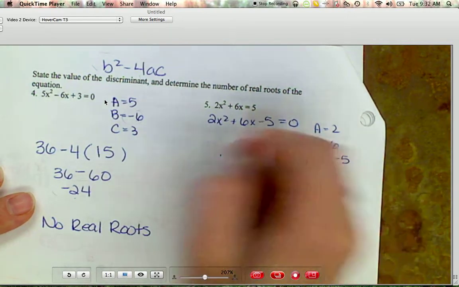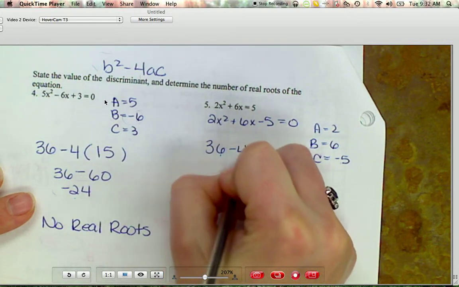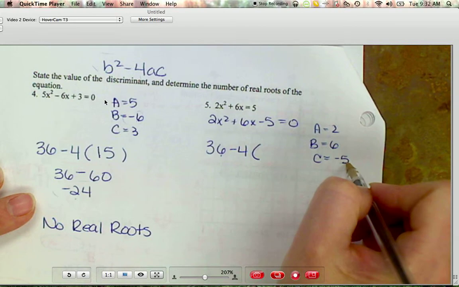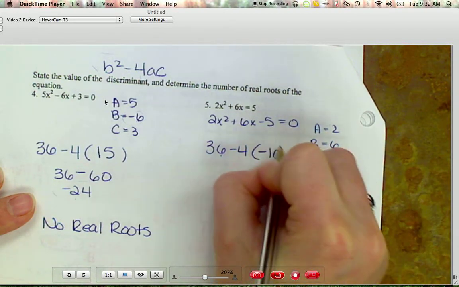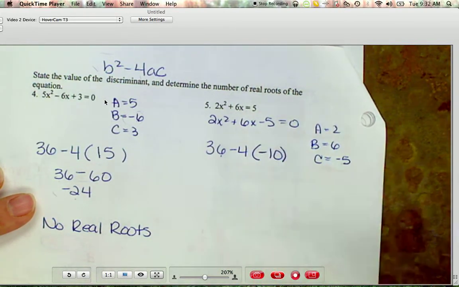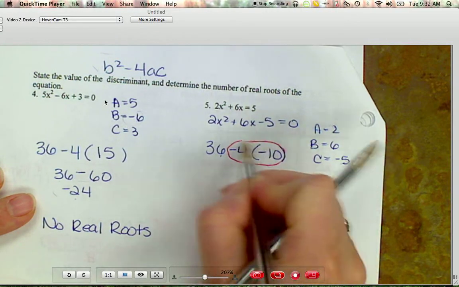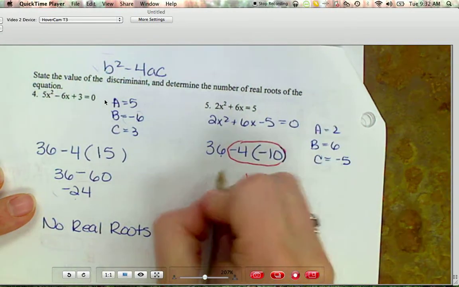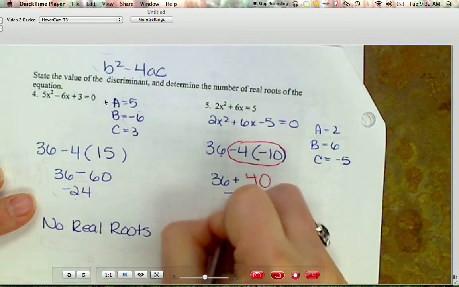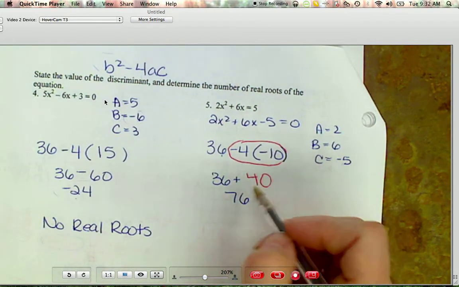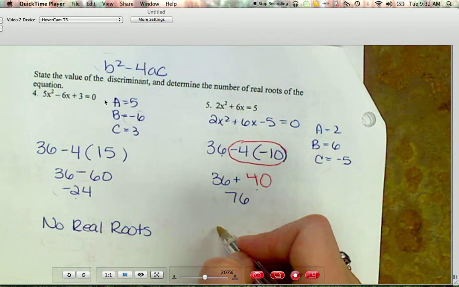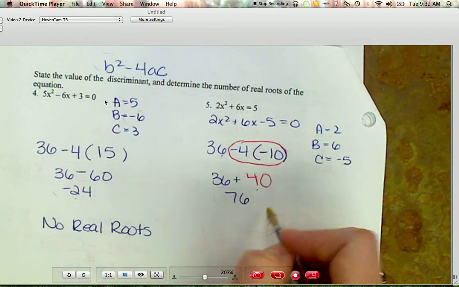Now b squared is 36 again, minus 4, and multiply the a and c together. 2 times negative 5 gives us negative 10. Negative 4 times negative 10 gives us positive 40. And so we get 36 plus 40, which is 76. Then if we were doing the full quadratic formula, we'd take the square root of that, which would give us a positive and a negative, 2 answers.